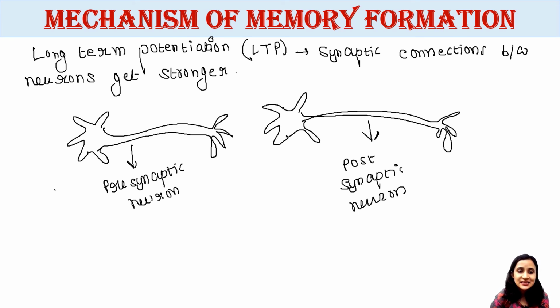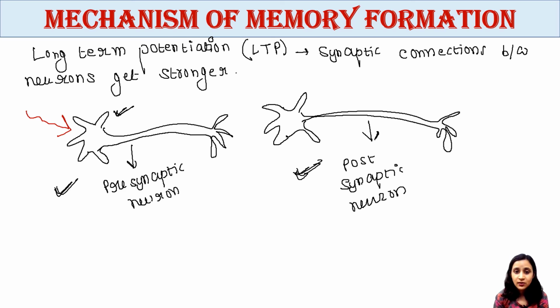This neuron is transmitting the signal and it is called a presynaptic neuron. And this neuron is receiving the signal and is called the postsynaptic neuron. Now, when the presynaptic neuron is stimulated, it releases some neurotransmitters.